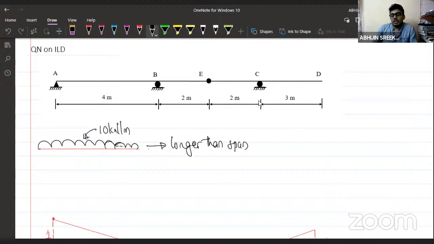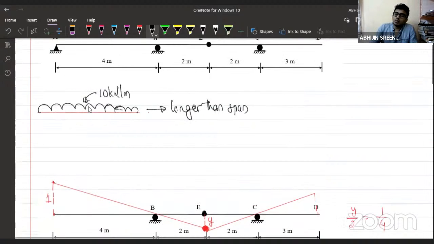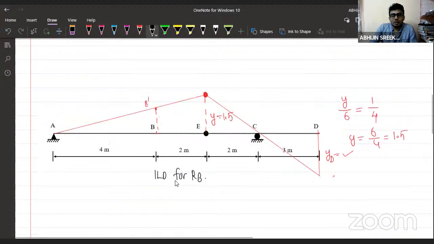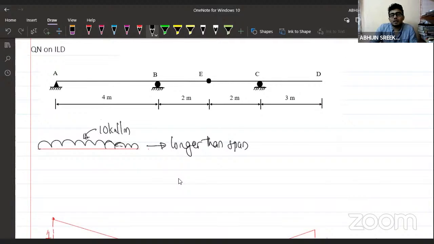So here, this UDL is longer than the span. What is the maximum reaction at the support C due to a moving UDL of magnitude 10 kilonewton per meter, which is longer than the span?